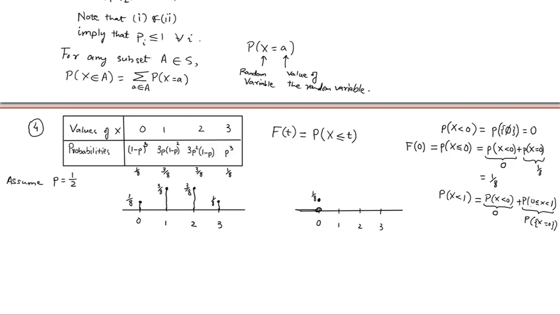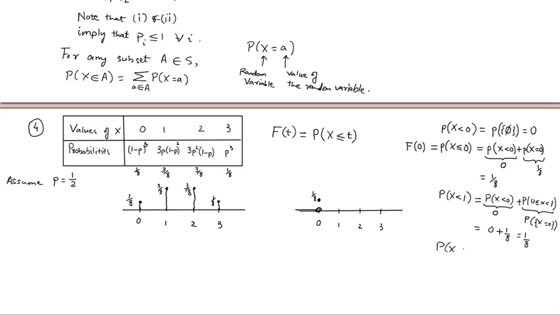It's either 0 or it's 1. And you're saying I want the probability that x is greater than or equal to 0 but less than 1. Well, if x is less than 1, it can only be 0. So this probability is only equal to the probability of x equals 0. And so what you get is 0 plus the probability of x equals 0, which is 1 over 8. And it's still 1 over 8.